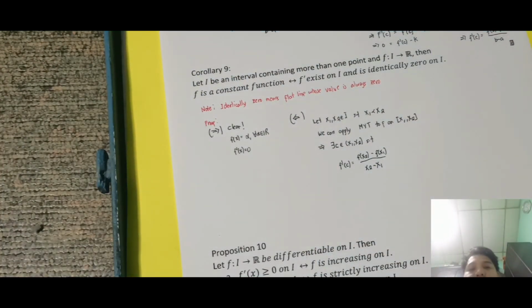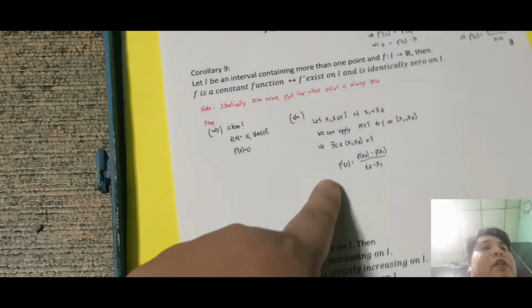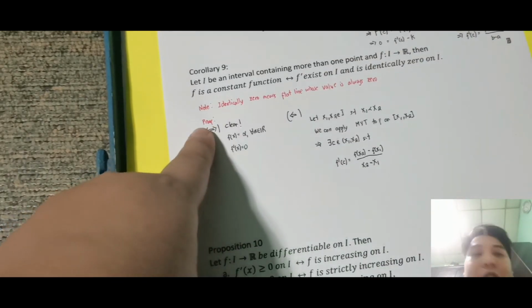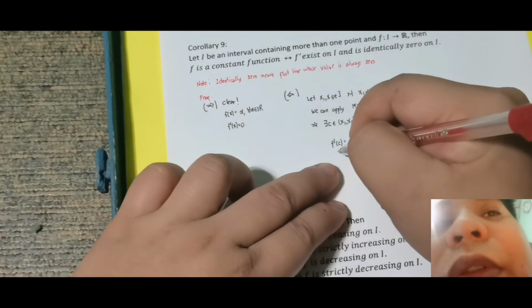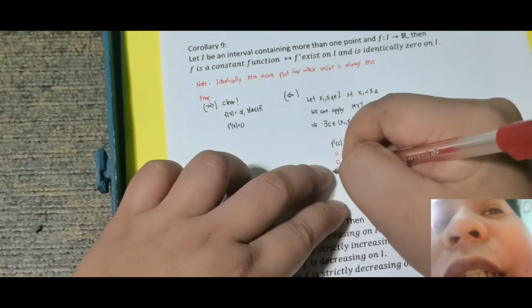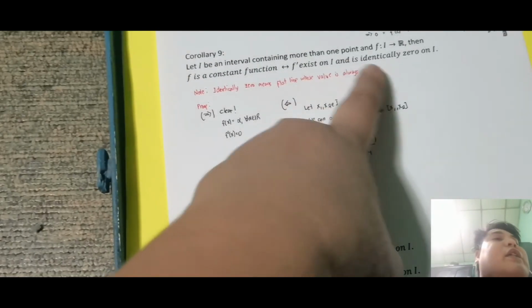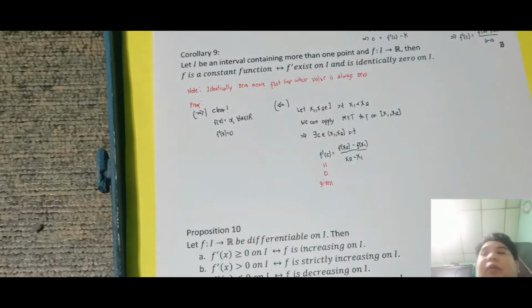Tama. Note na f prime of c is 0. Okay, so again, this is equal to 0. Sir, bakit? Since that is given. Kasi nga, identically equal to 0 siya eh. Okay, so f prime exists on I and it is identically equal to 0. Kaya nasabi kong 0 siya.